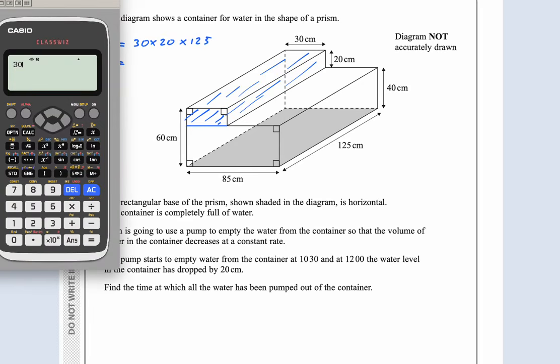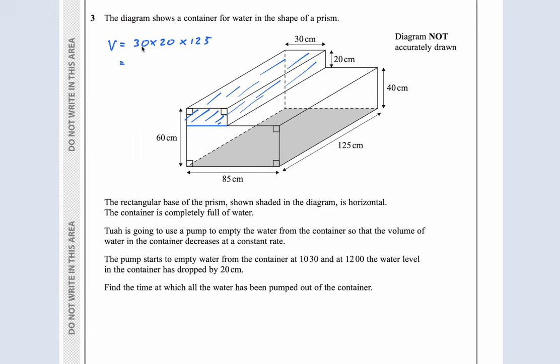Let's just do that. 30 times 20 times 125. 75,000. Okay, so this is 75,000 centimeters cubed, which is actually 75 liters, but let's just leave it at 75,000 centimeters cubed.